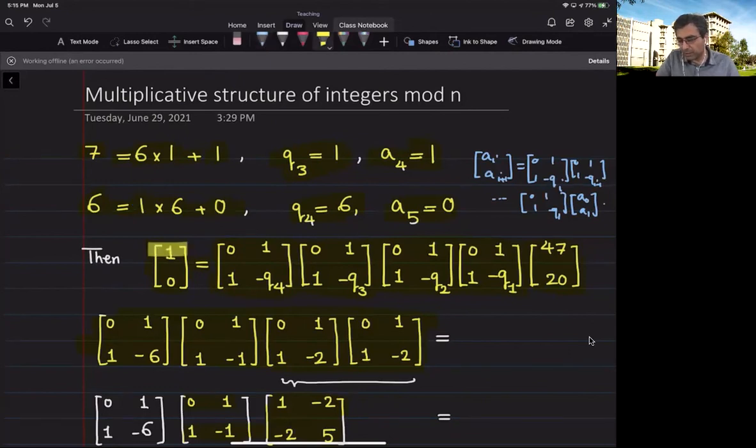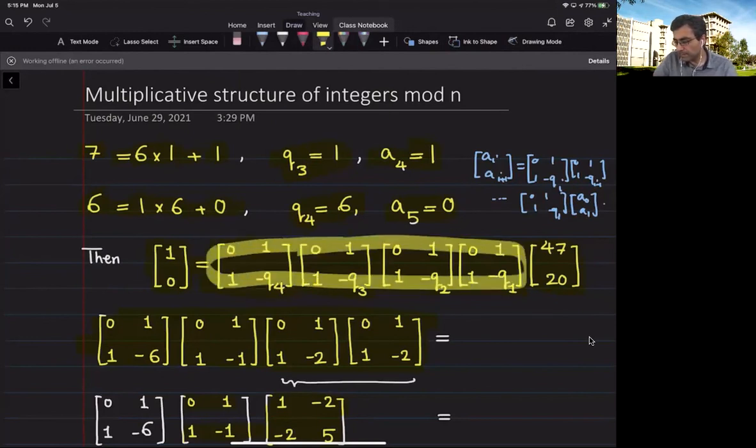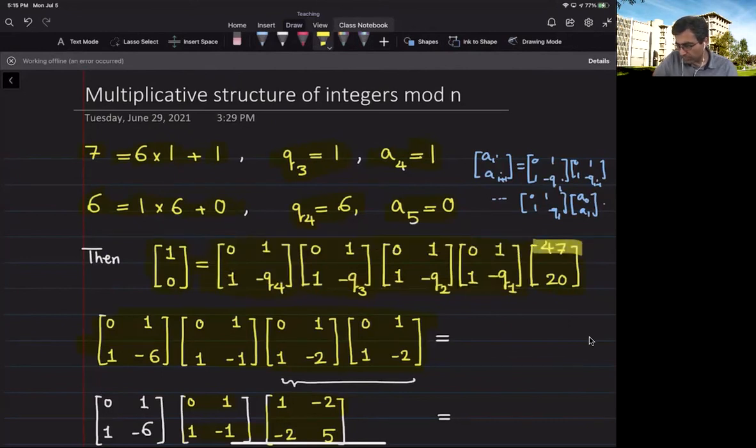So we get the column 1, 0 by multiplying how many matrices? q sub 4 is the last quotient that we have. So we have to multiply these 4 2 by 2 matrices, and multiply the whole thing by this 2 by 1 column vector 47, 20.